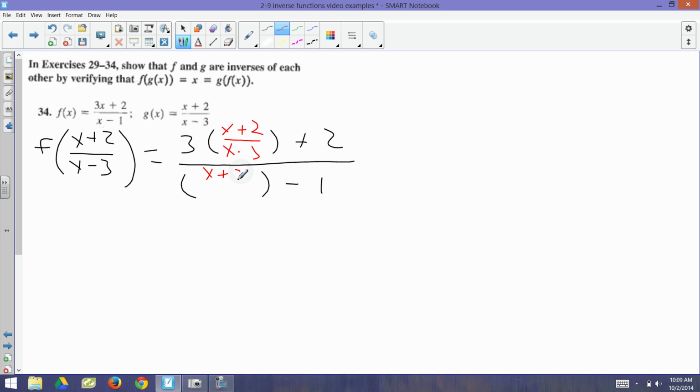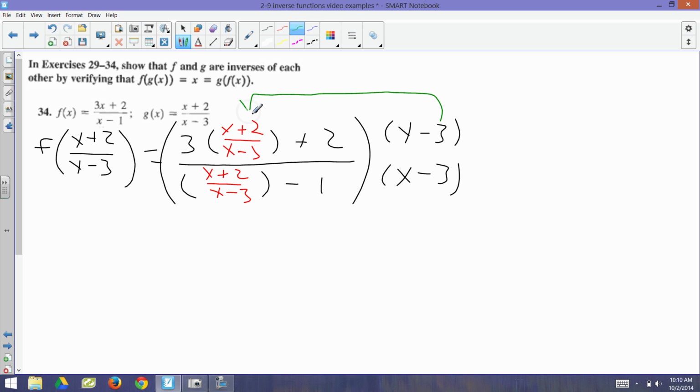X plus 2 over x minus 3. So let me neaten that up. It's kind of messy. So if I multiply each side, top and bottom, by x plus 3 and distribute it to each term, let's see what happens.